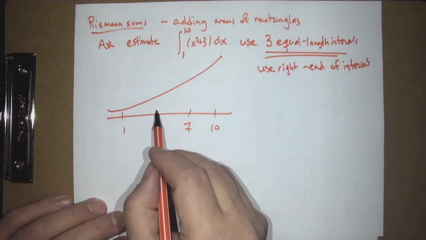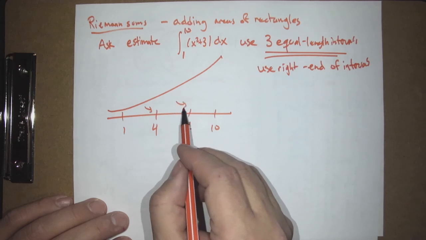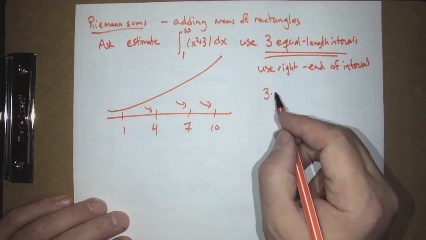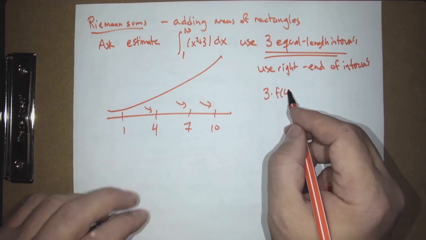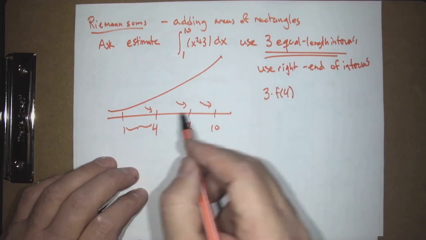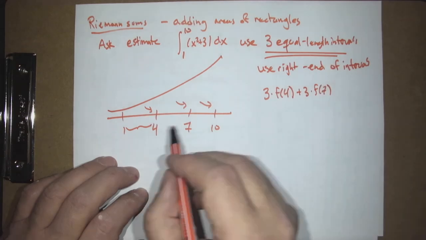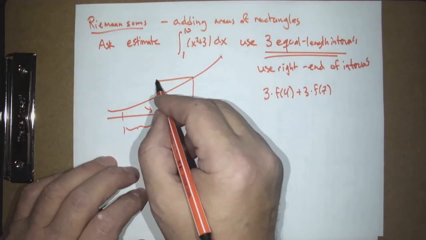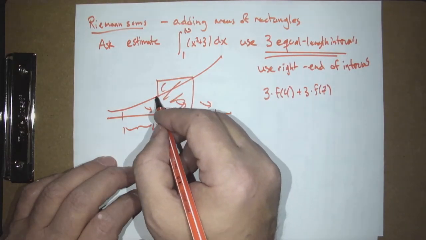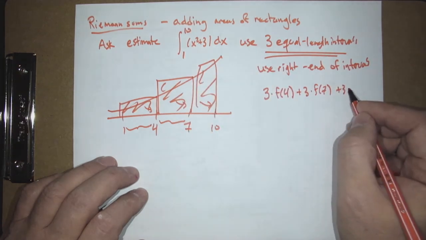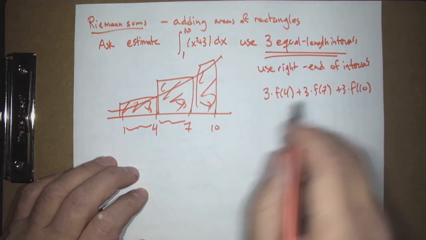So for each interval, now we know what our right ends look like. It's 3 times our function at 4. So 3 is your width. Keep your widths about you, so to speak. 3 base times height: there's your f of 4, your f of 7, your f of 10. And you plug it in.